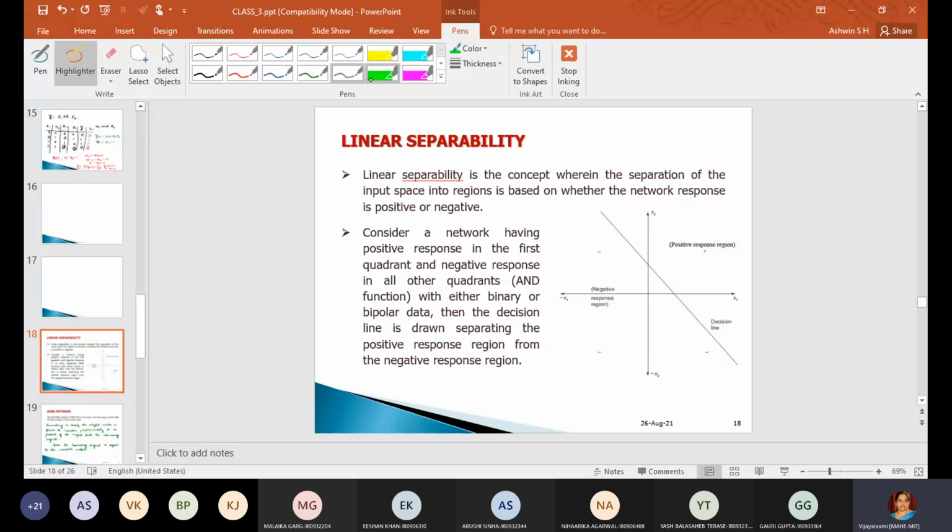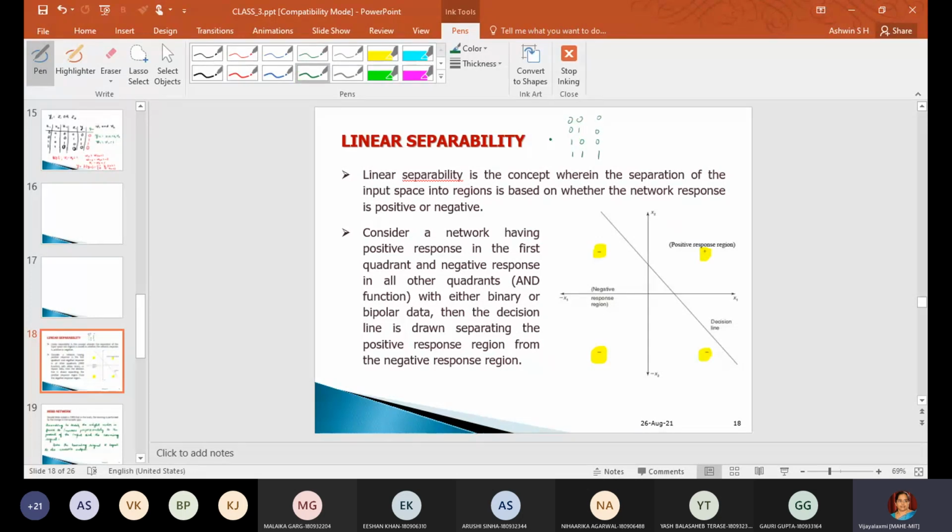Just see here. Say here we have positive response, here we have minus, here we have minus, here we have minus. So this may be a simple representation in all the four quadrants of an AND function. We know that for the AND function the outputs are 0 0 0 1, for inputs 0 0, 0 1, 1 0, 1 1, using binary input.